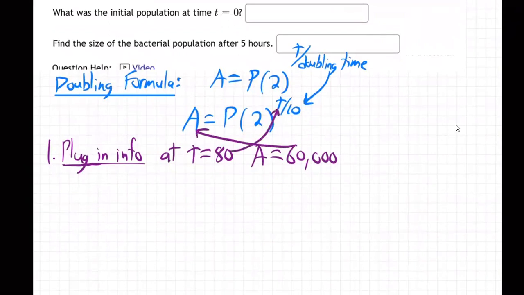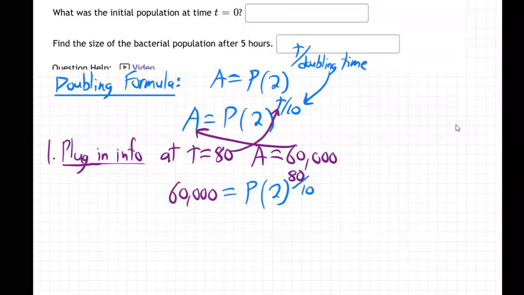60,000, 80 minutes. So we'll get 60,000 equals P times 2 to the power of 80 over 10.